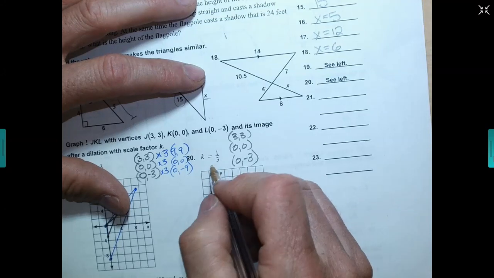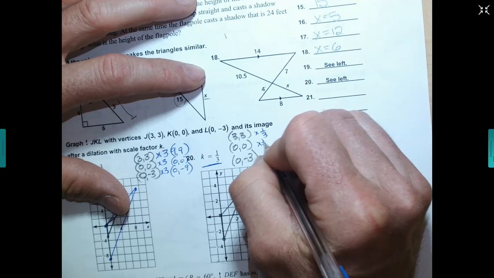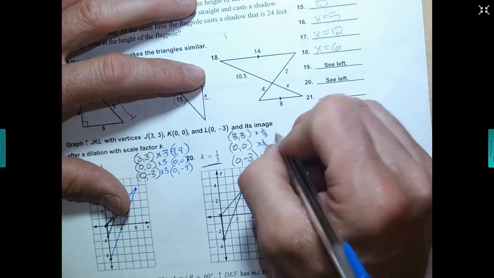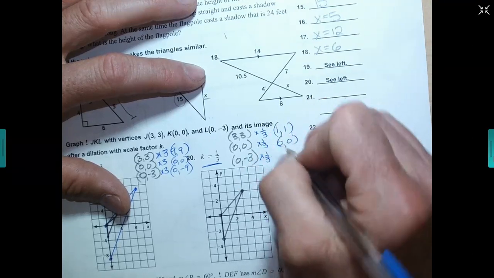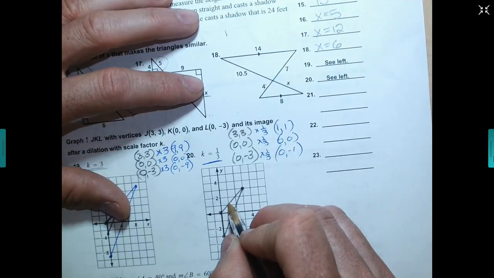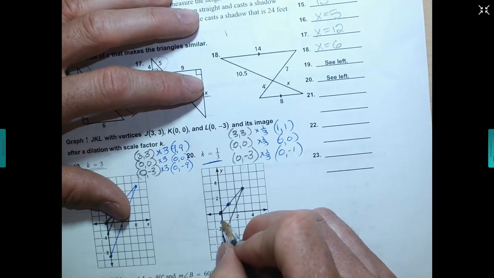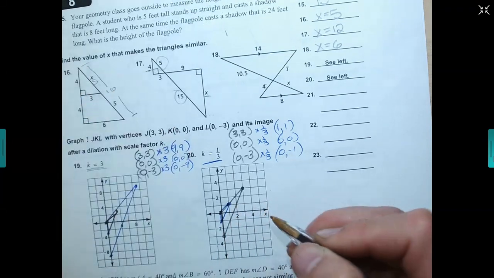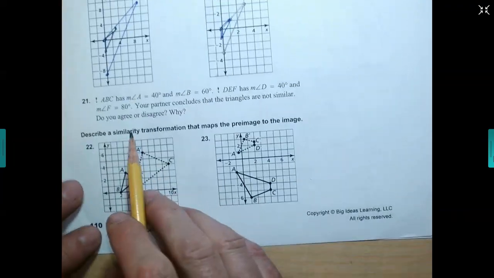And I have a scale factor of 1/3. And so what I get is 3 times 1/3 is 1, 1, 0, 0, 0, negative 1. There's my new triangle. All right, last couple.